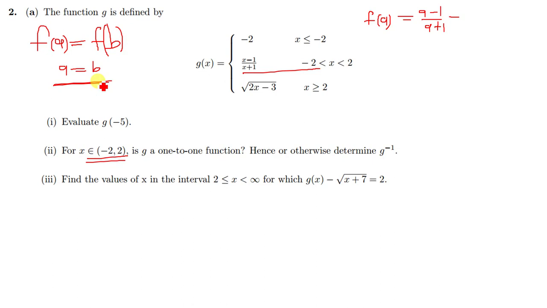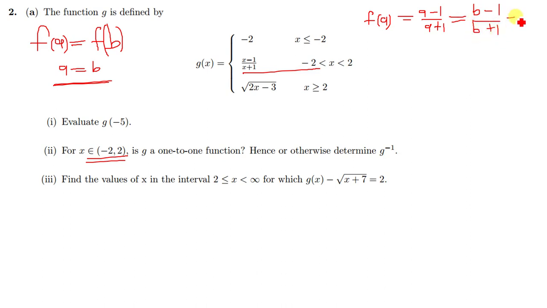Or in other words, if you want, you can just find f of a and then you also find f of b and you equate them, still the same. So we find f of a, we also find f of b. So f of b will just be equal to b minus 1 over b plus 1.